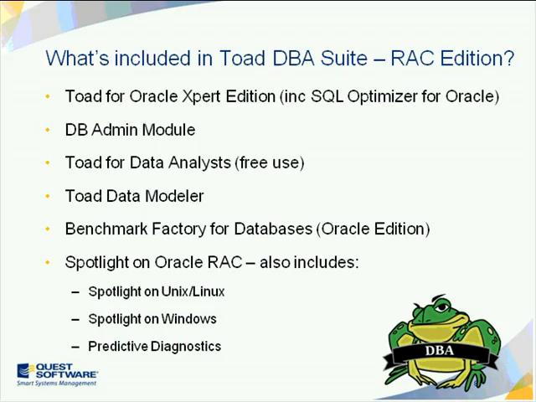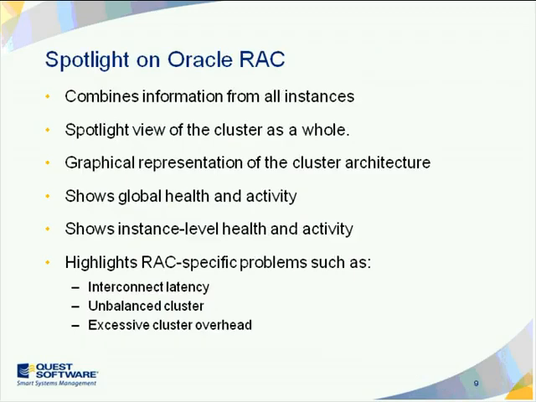And predictive diagnostics takes you from having to react to issues when they actually cause a bottleneck to doing some predictive modeling to see, well, based on my current behavior, if I get SQL execution degradation, what impact is that going to have in the future, and do some predictions on that. But this is all now included in Spotlight on Oracle RAC.